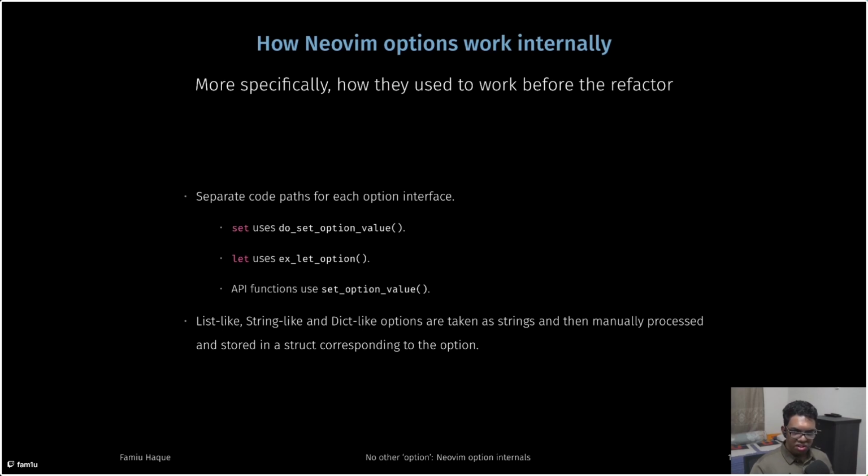They're still processed and then stored in a struct that represents the option so that it's easier to deal with. For example, fill chars has a struct for accessing each fill char so that it doesn't have to manually process the string every time.